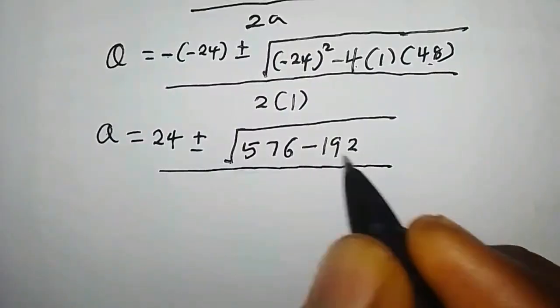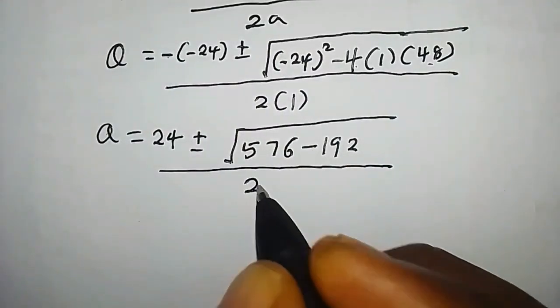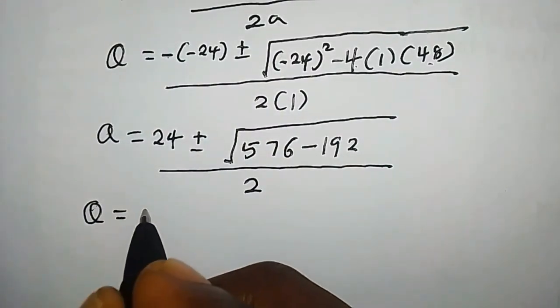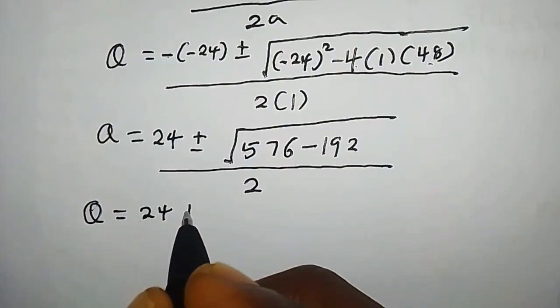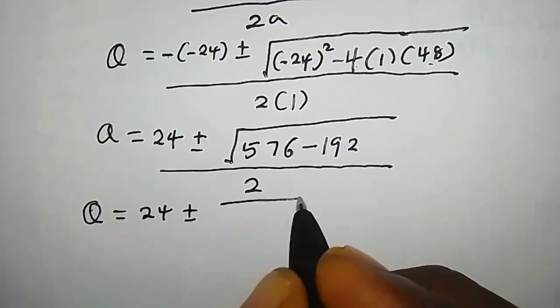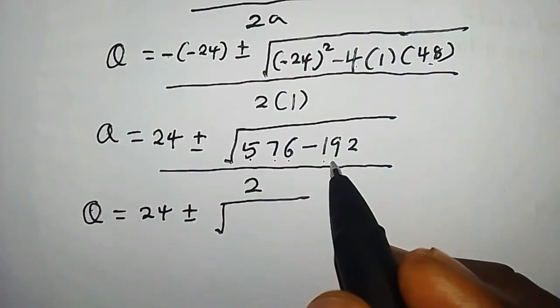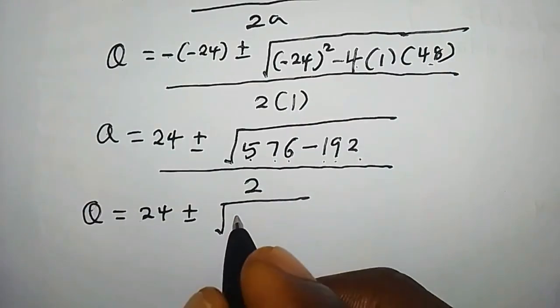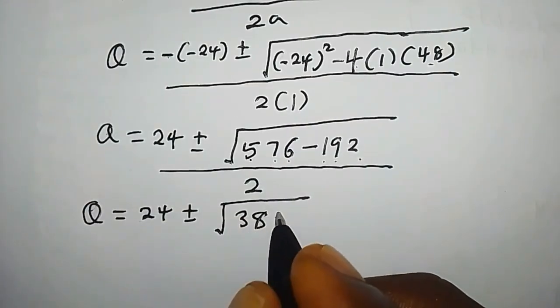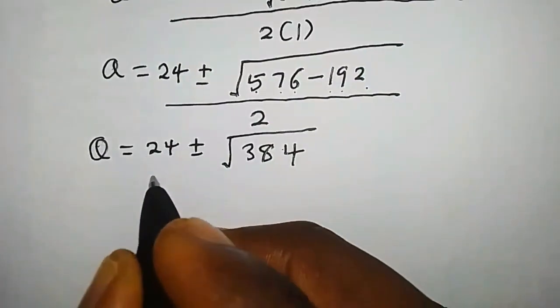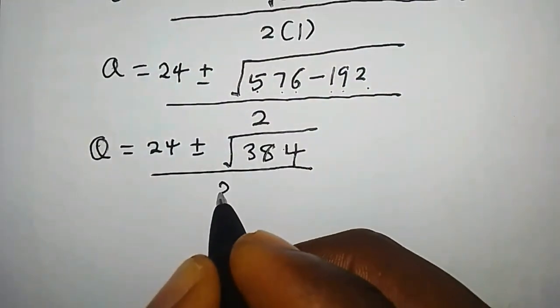Everything divided by 2 times 1, that is simply 2. Q is equal to 24 plus or minus square root of 576 minus 192, that is 384, divided by 2.